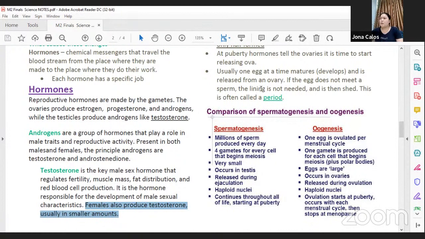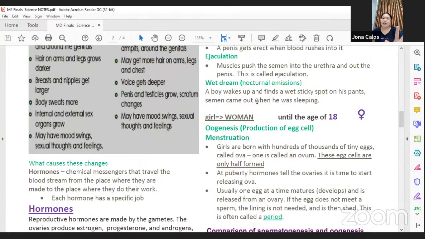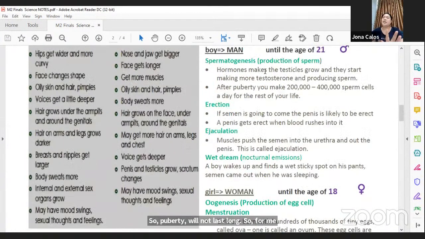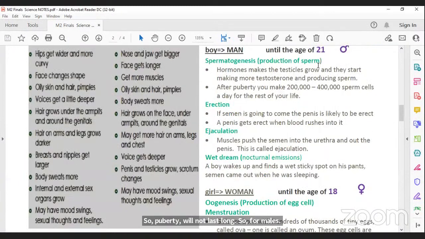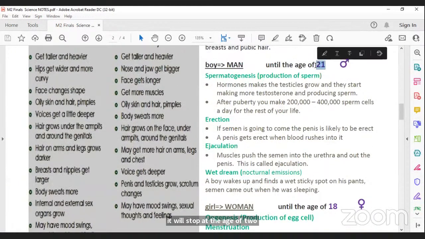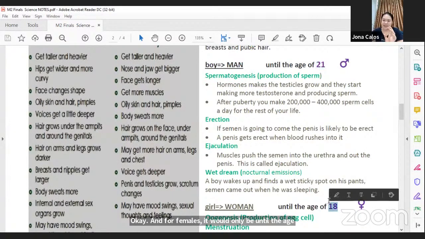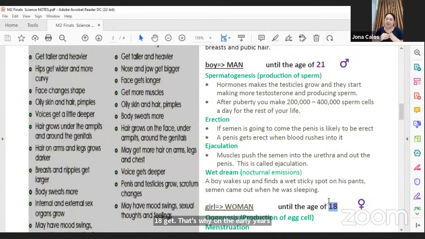So puberty will not last long. For males, it will stop at the age of 21, and for females, only until the age of 18. That's why in the early years of puberty, females tend to develop and grow faster compared with boys.